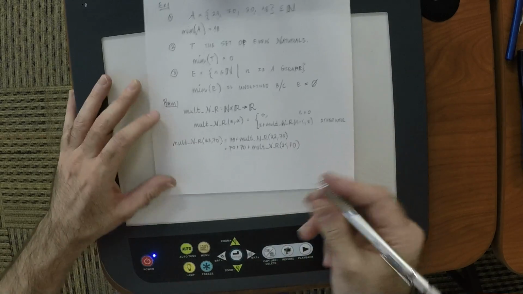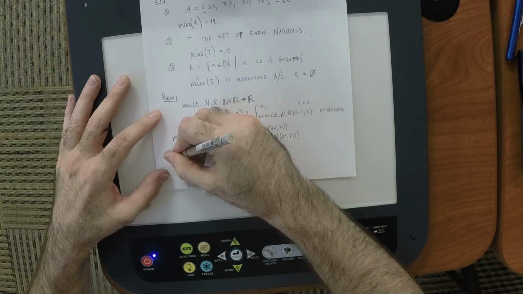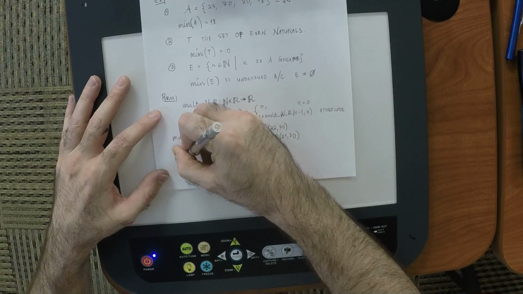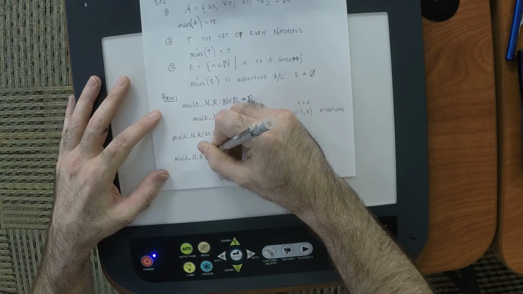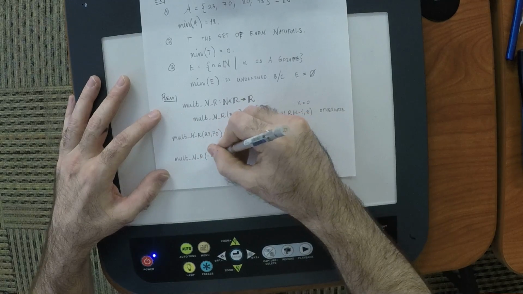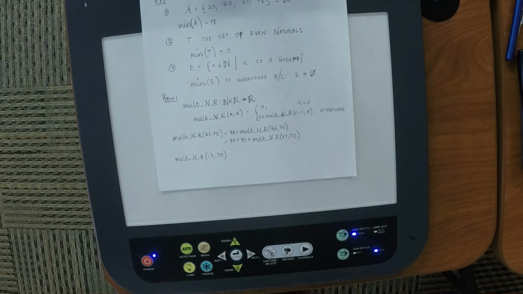Similarly, if I were to ask you to do this, molt in R, and say negative 3 and 70, something like that, then the correct response would be for you to say no. Negative 3 is not natural, so I refuse. That's in MATLAB. That's what assert is giving you. That's the way that you're saying no, I refuse.